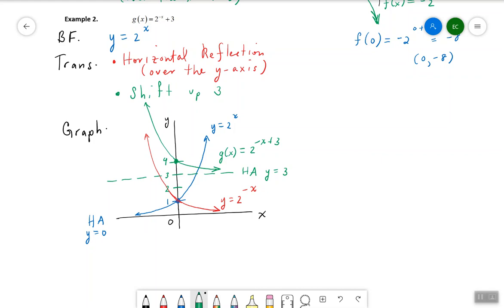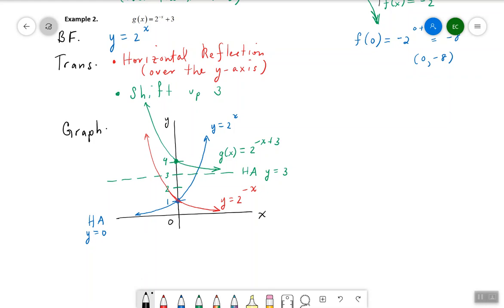There's one more thing that I want to say before we go on. And I want to ask you, does the graph of 2 to the negative x look familiar? This graph here in red might remind you of a graph we've seen before. Remember the graph, so the graph I'm thinking of is 1/2 raised to the x.